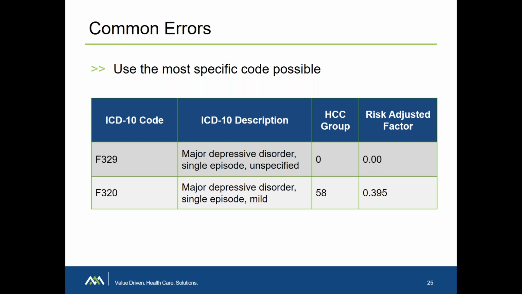However, F32.0, which is major depressive disorder, single episode, mild, maps to an HCC group of 58 and has a risk-adjusted factor of 0.395. So by the provider just adding that it's mild versus unspecified, you're now eligible to report a diagnosis that has an HCC group with a risk-adjusted factor associated with it.